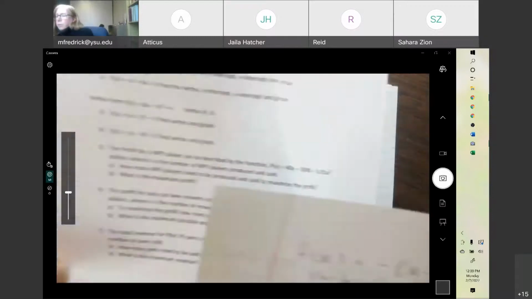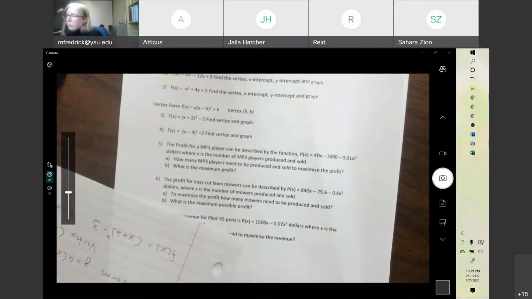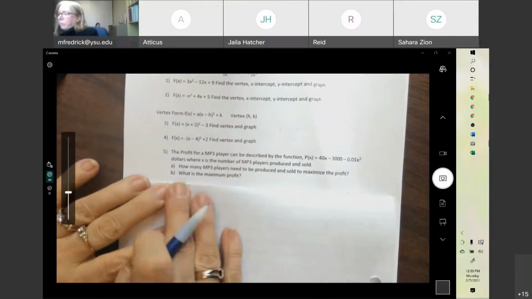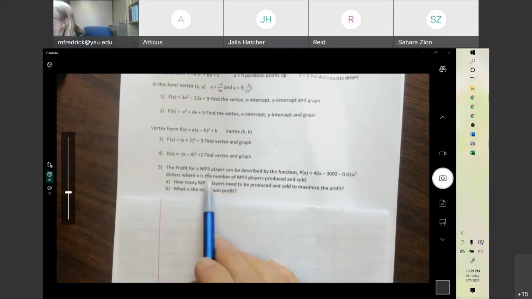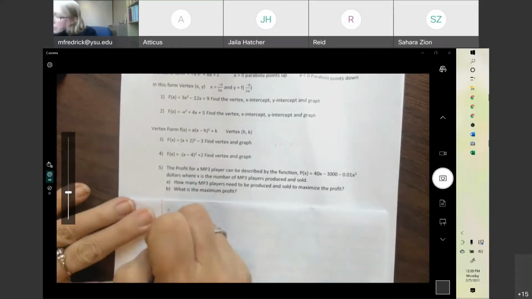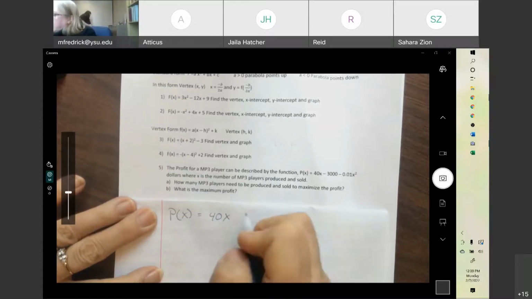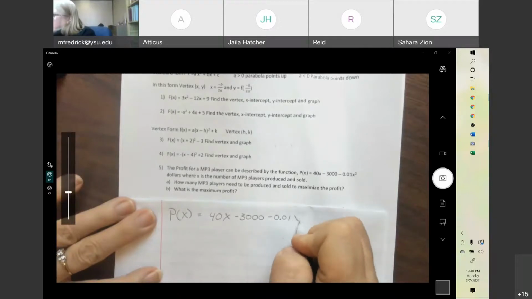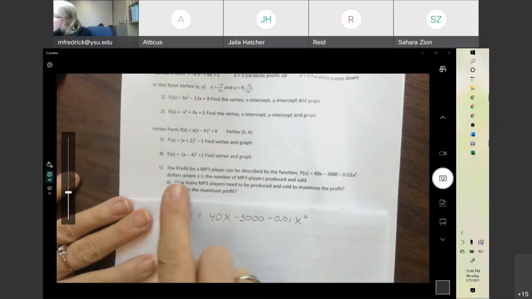Okay, let's try a story time. Number 5. The profit for an MP3 player can be described by the function p of x equals 40x minus 3,000 minus 0.01x squared dollars.